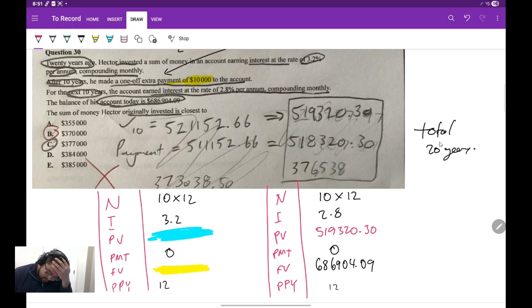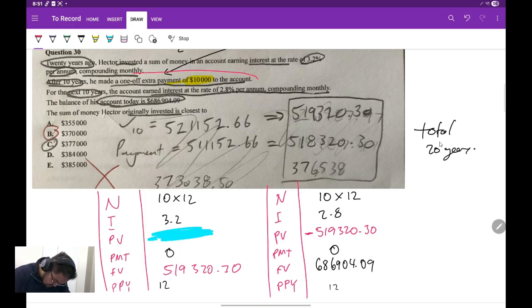Now that was a negative value that appeared here. So when we plug that back into the yellow component, we're going to make sure that we turn that into a positive 519,320.30.